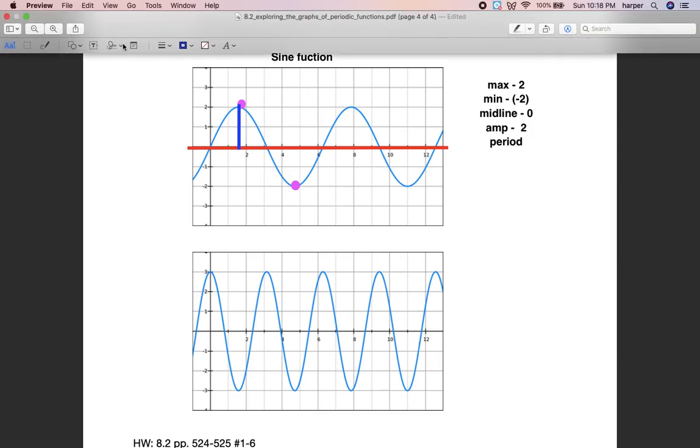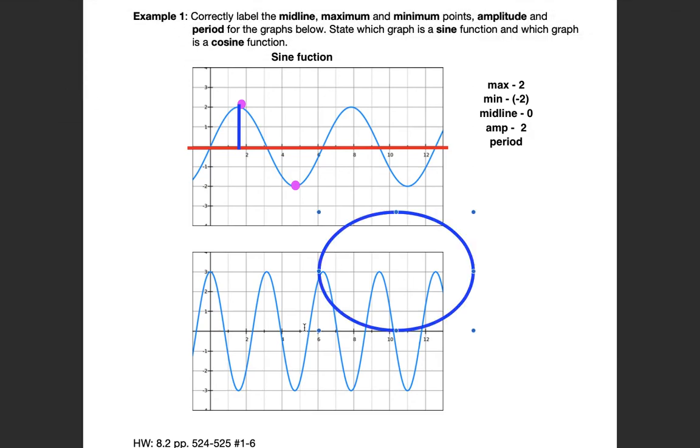The easiest one would be from here to here. Let's see, right there. So from 0 to 6, or you can do this too, just so I'll show you. You can do it from here to here. That's another period, just like that, an interval, and then it repeats.